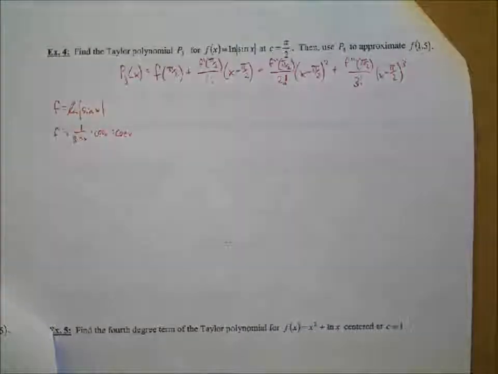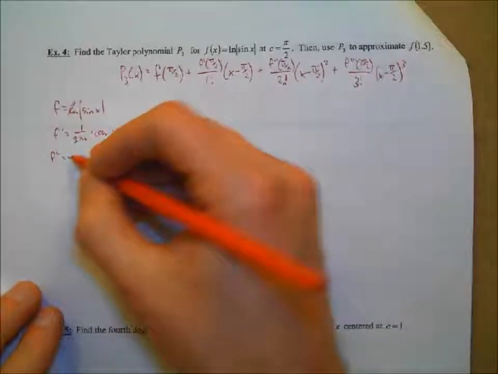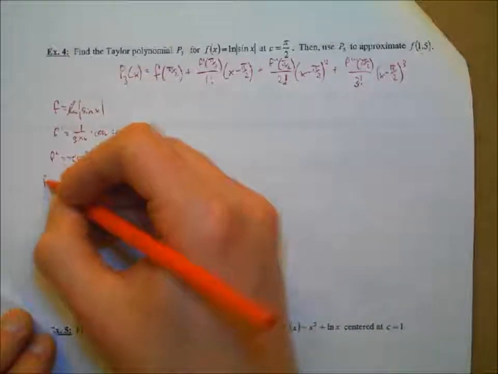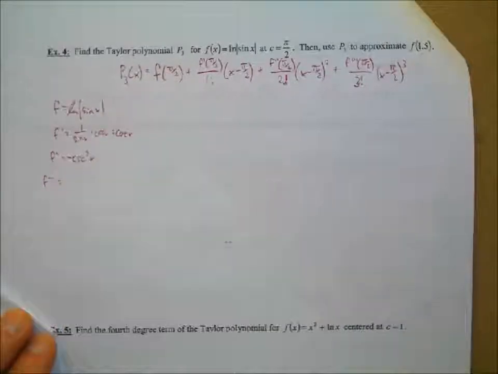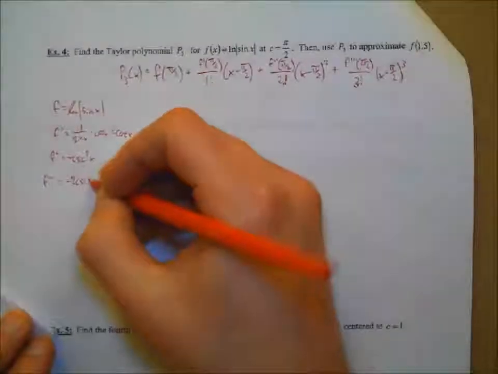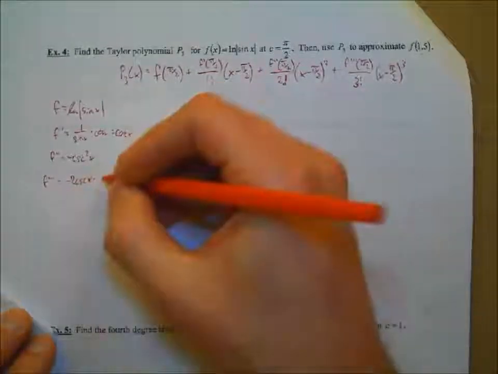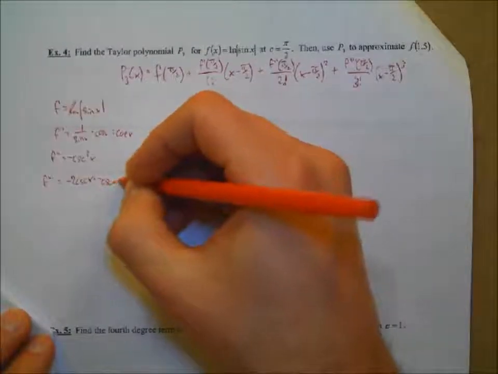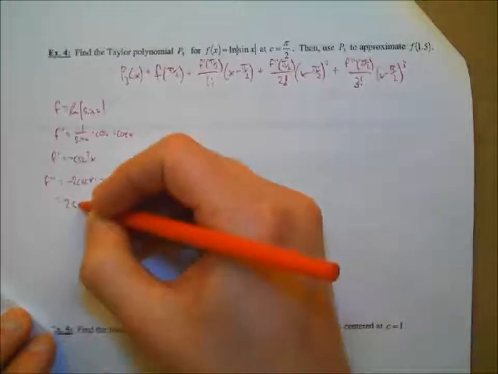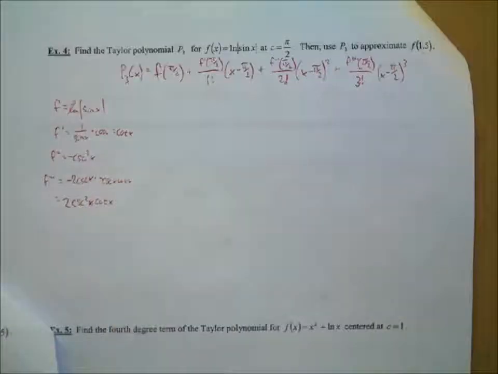And then what's the derivative of cotangent? Negative cosecant squared of x. And then f triple prime is negative 2 cosecant x times the derivative of cosecant, which is negative cosecant x cotangent x, which simplifies to positive 2 cosecant squared of x cotangent of x.